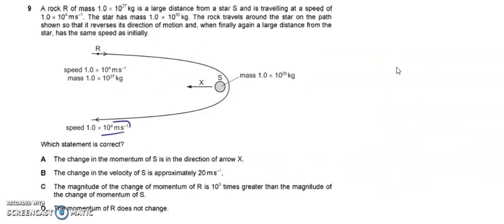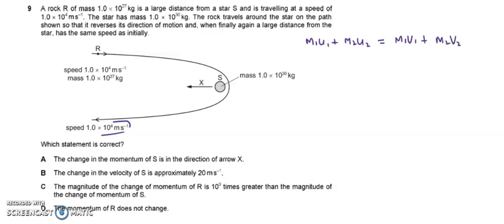Question 9, we need to recall the principle of conservation of momentum. M1 U1 plus M2 U2 equals M1 V1 plus M2 V2.